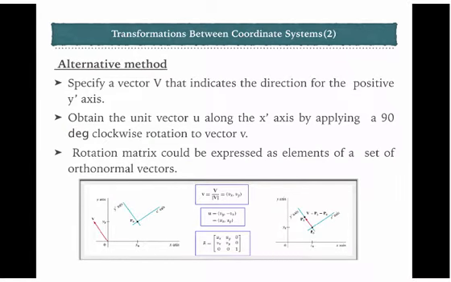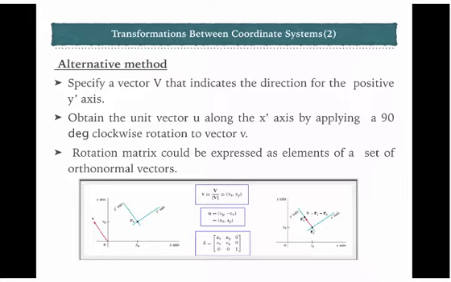An alternative method could be to specify a vector V that indicates the direction for the positive y dash axis. Obtain the unit vector u along the x dash axis by applying a 90 degrees clockwise rotation to the vector V. The rotation matrix could be described as elements of a set of orthogonal vectors. From the equations given below, V is the specified vector in the direction of the positive y dash axis.